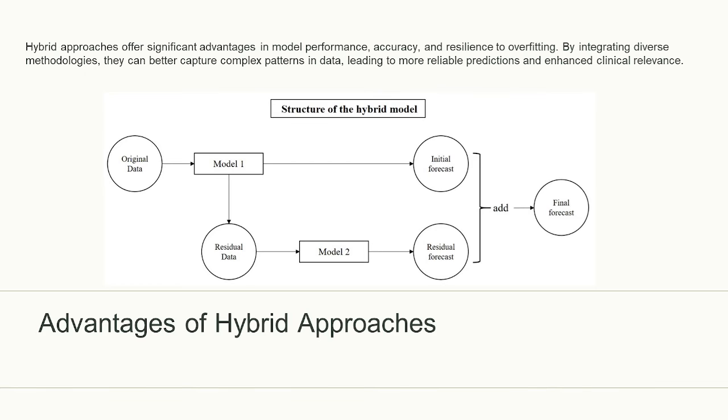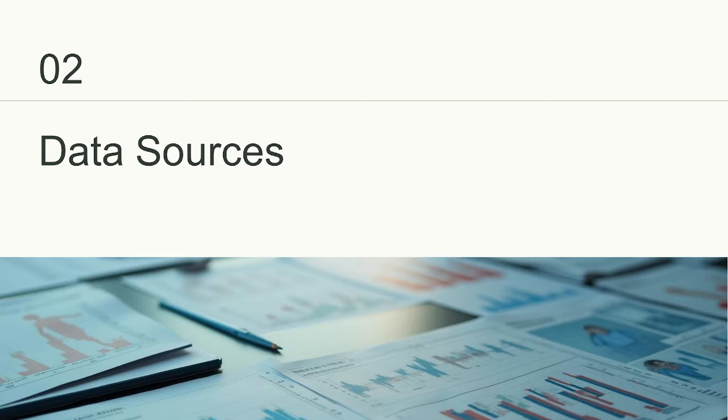In the structure of the hybrid models here, the original data goes into model 1, residual data to model 2, residual forecast, and the first model also has the initial forecast. Based on these two models, we can get the final prediction. So the output of the first model would be the input to the second model to get the final decision.